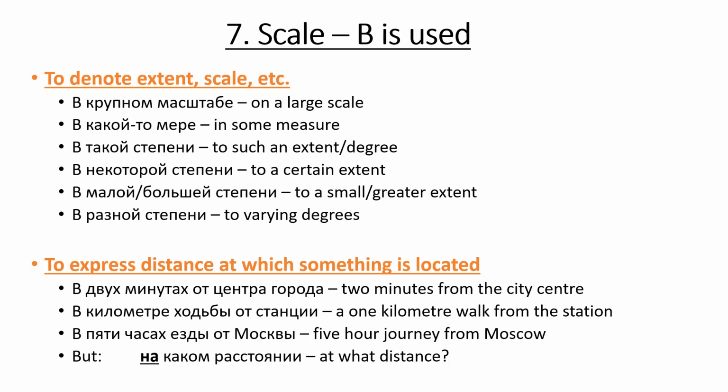The point that I want to get across is just how the prepositional is used and the uses of the prepositional in general. So lastly, in this phrase, на каком расстоянии, so расстояние is a neutral noun and it just takes на расстоянии. На каком расстоянии is at what distance, and then you would answer with в. So it can be a bit confusing. Let's just move on from there.